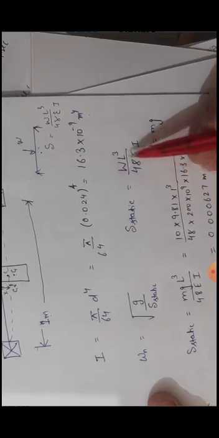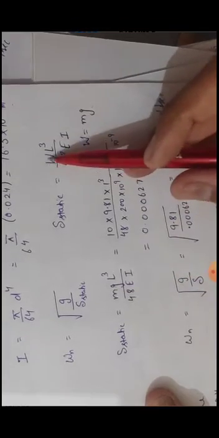The same formula I am using here: delta static is equal to WL cube upon 48 EI, where W is the weight. Here we take the mass of this rotor, M, so W will be equal to M into g. Putting W equal to mg, delta static equals mg L cube upon 48 EI.